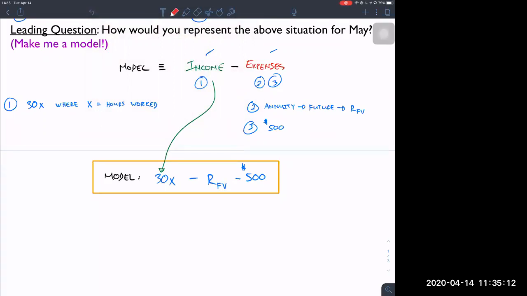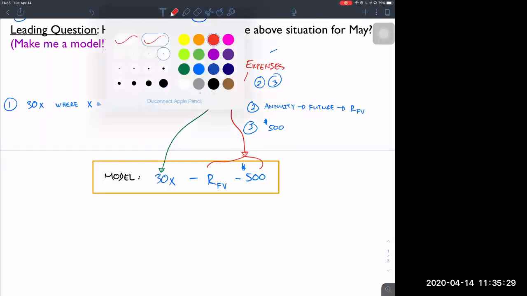Now, for those that are really algebraically inclined, sorry, I don't know why I can't do this right now. I'll do it this way. There we go. This subtraction right here of the expenses, you can do it however way makes you most comfortable, right?